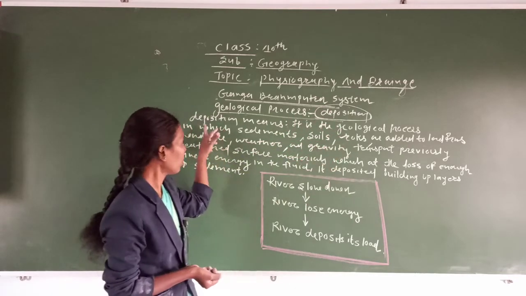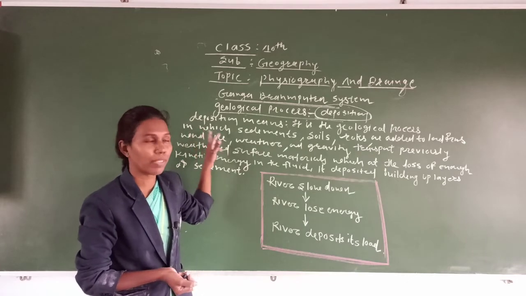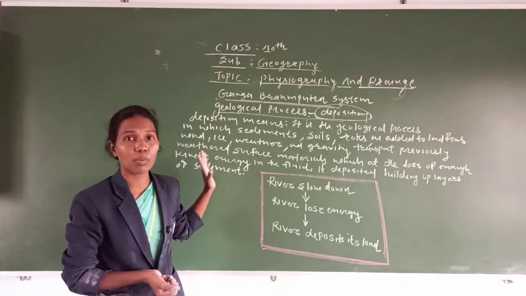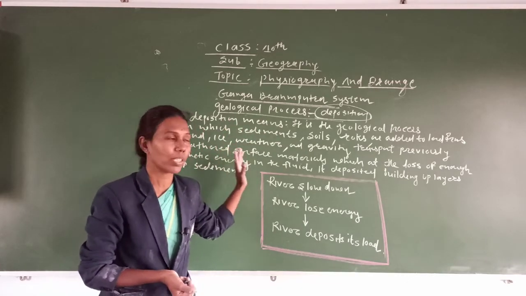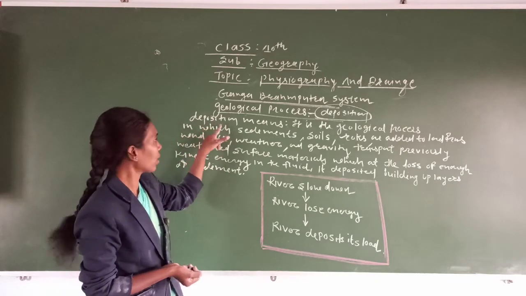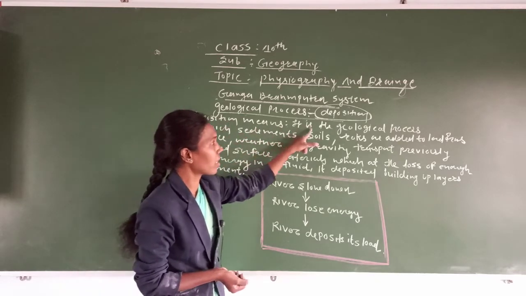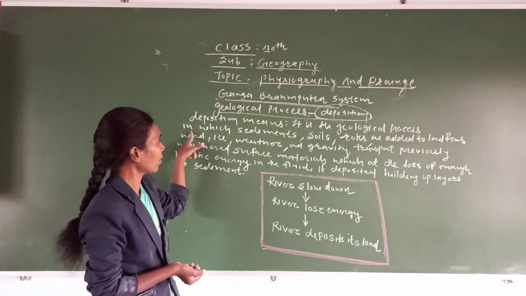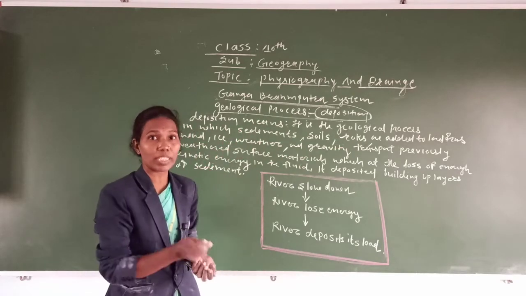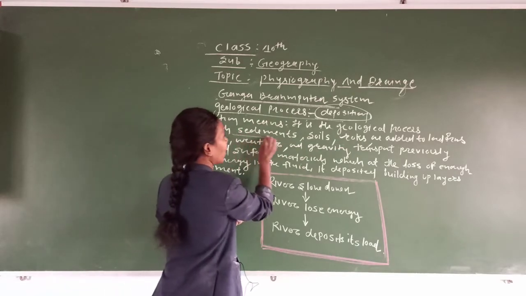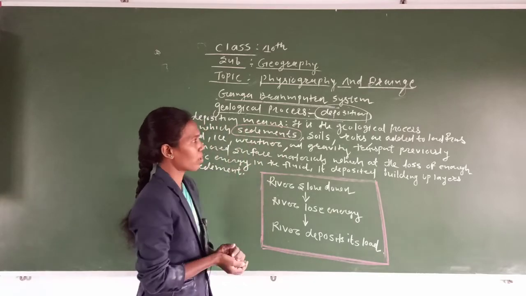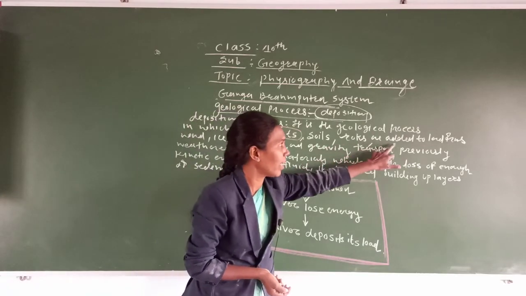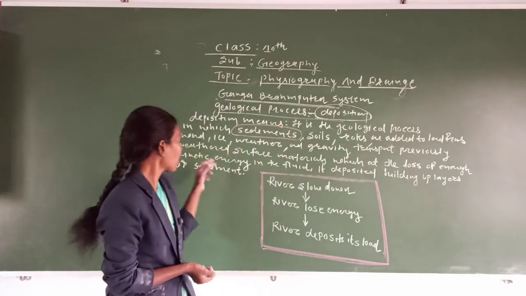First note down the definition of deposition, how the depositional work of the river takes place. Deposition is the geological process in which sediments, that is rock, a type of sedimentary rock, soil and rock, are added to landforms.